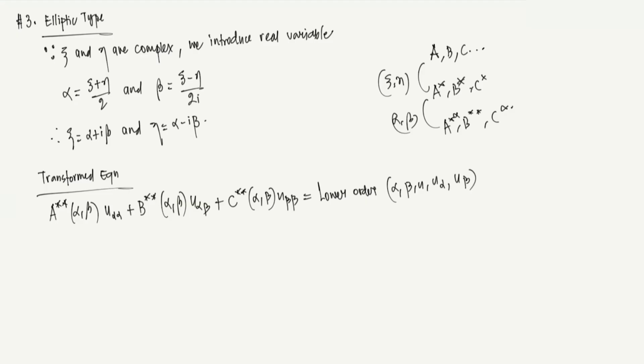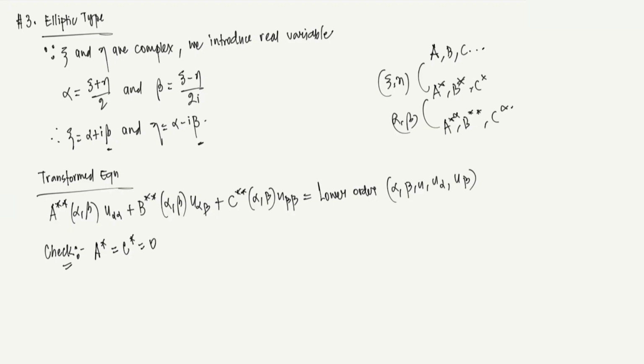Now, the thing is this, you see, we have xi is this and eta is this, okay? So what happens is this: please check that with these choices, A star equals C star equals 0.